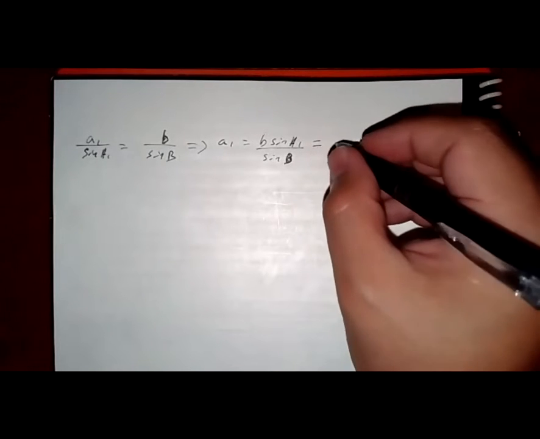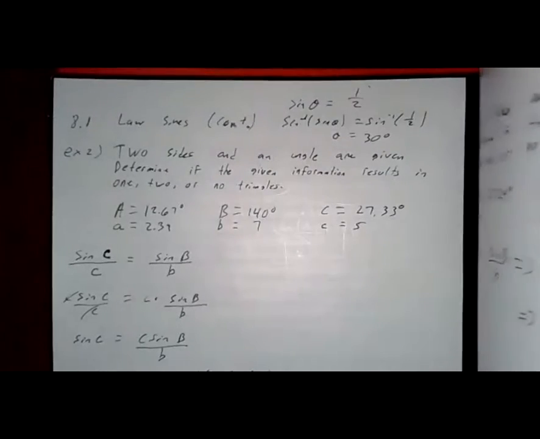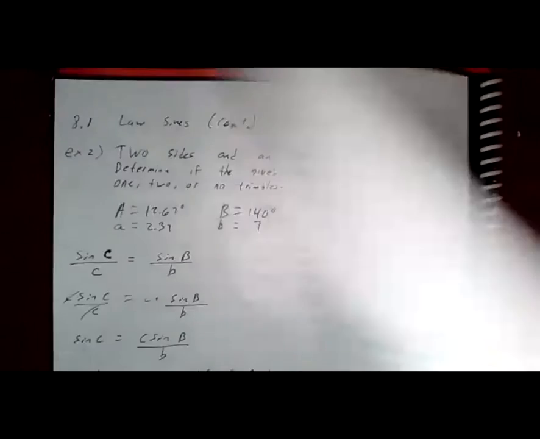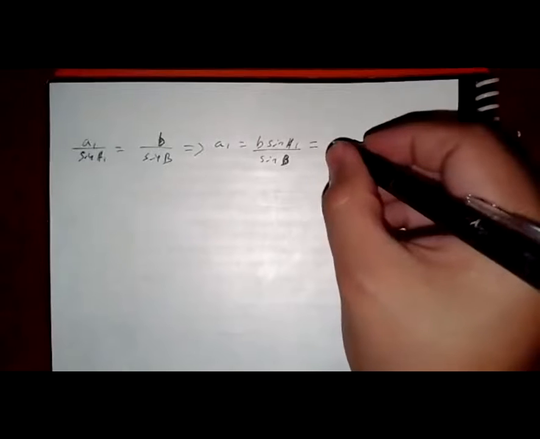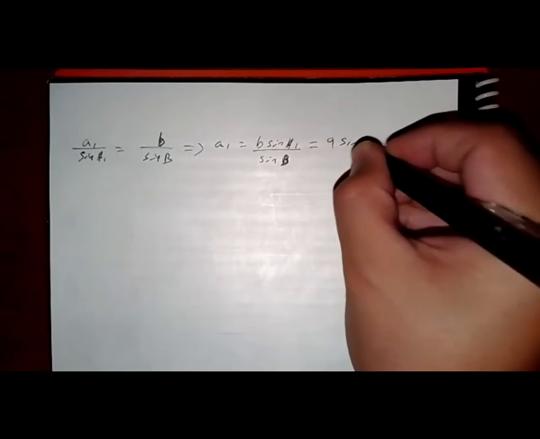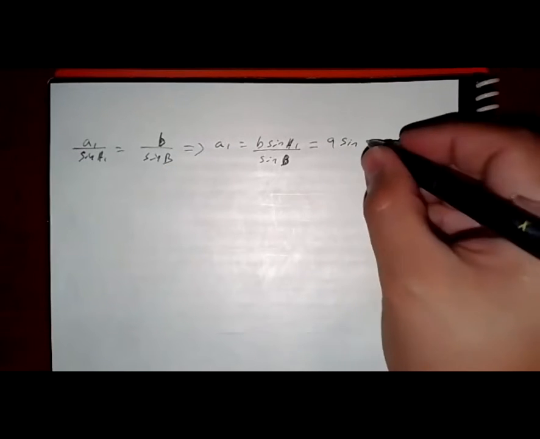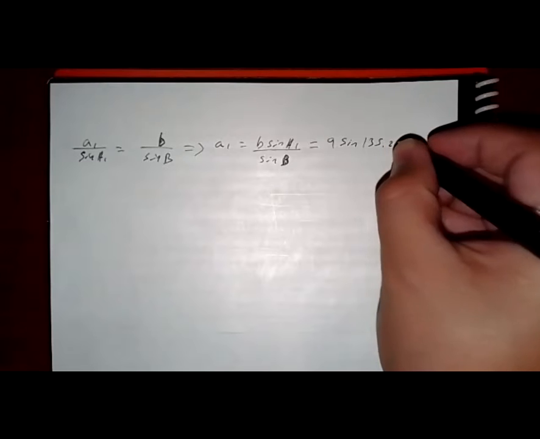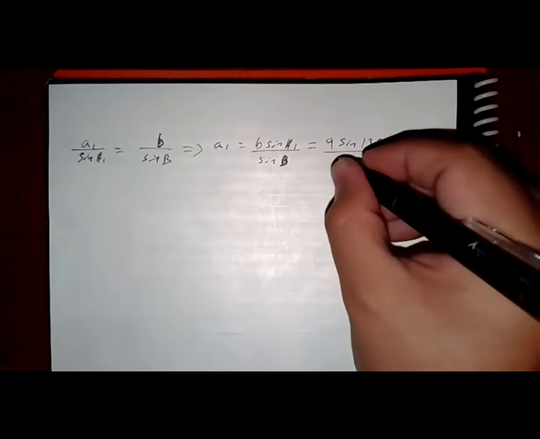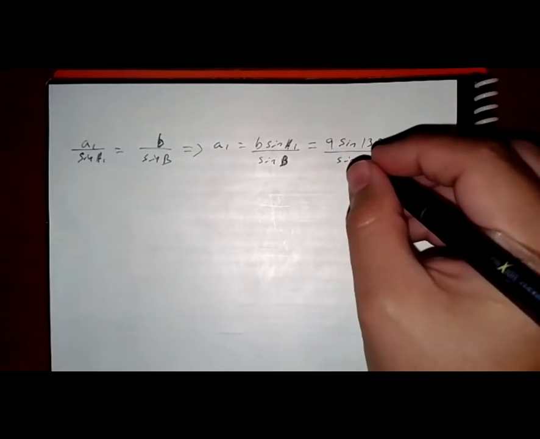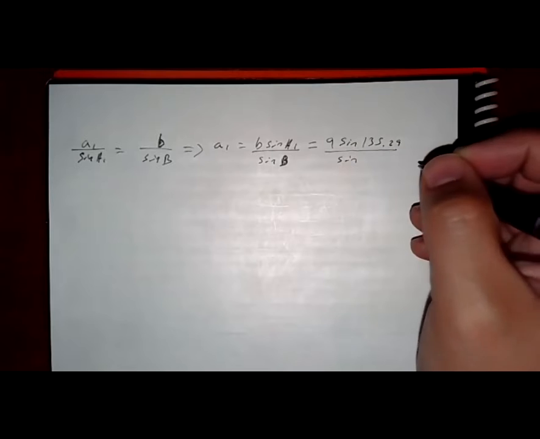B was 9, right? Yeah. 9 sine 135.29 over sine of 20.